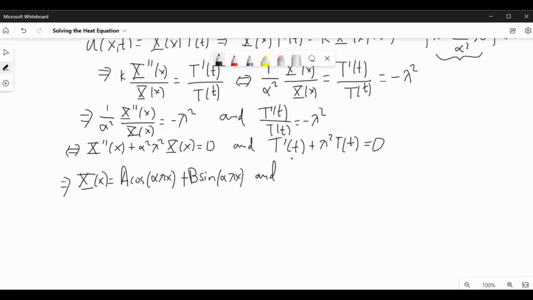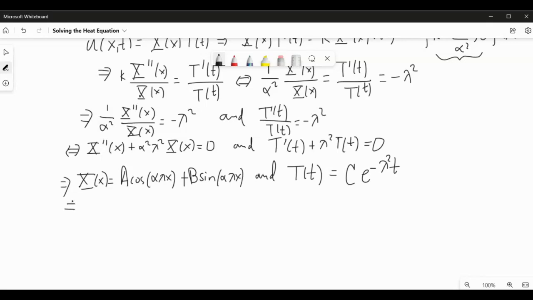Whereas for the first order differential equation involving capital T of t, we will get the function capital C times e to the negative lambda squared t.